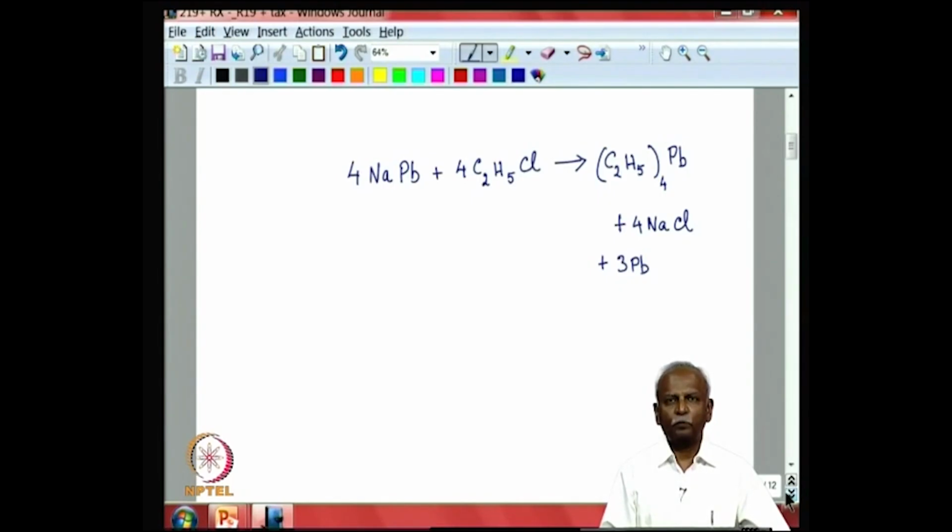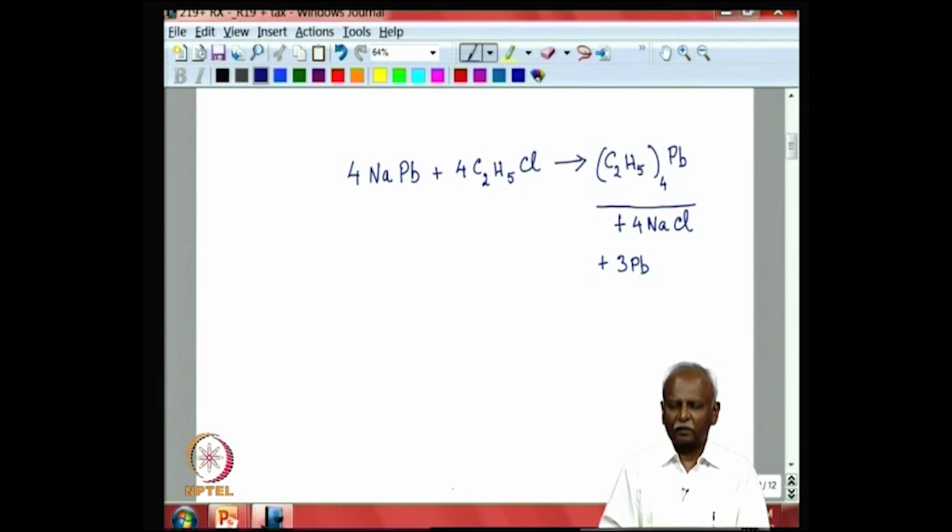One very good example is the alloy that is formed between sodium and lead. So, sodium and lead form an alloy which is NaPb, and this NaPb alloy will react with ethyl chloride to form tetraethyl lead.